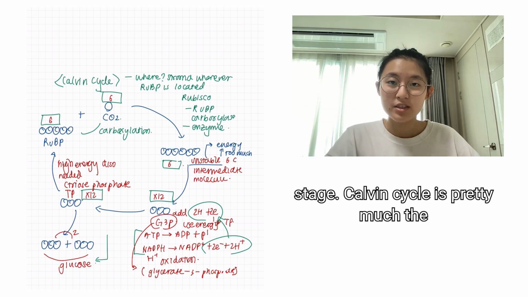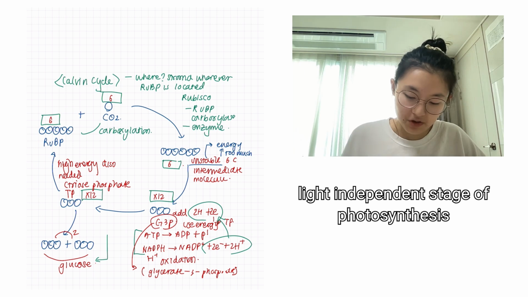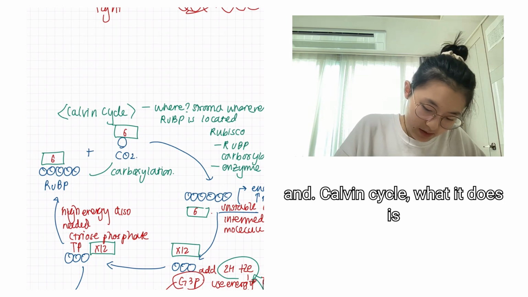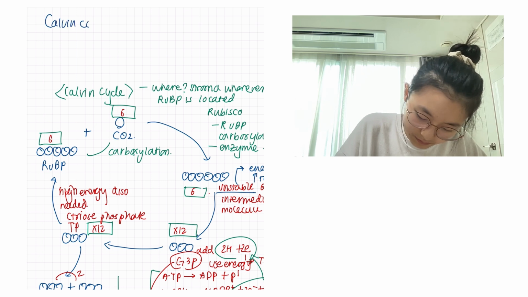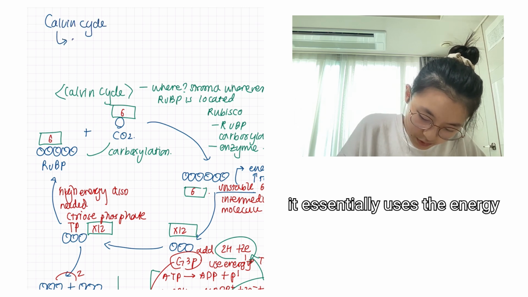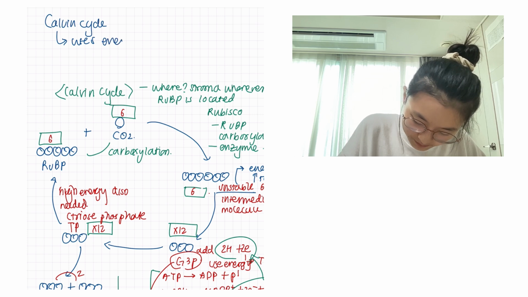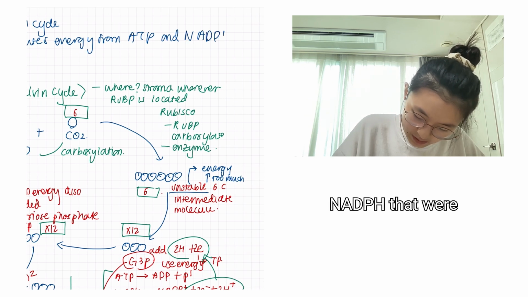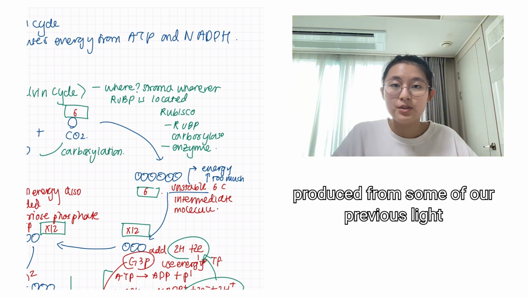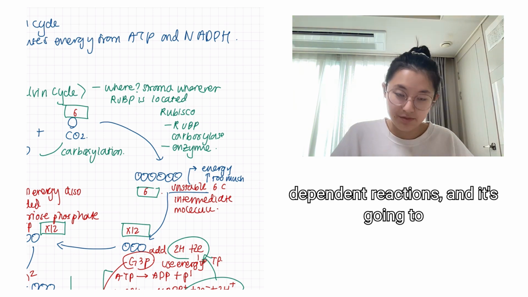The Calvin cycle is pretty much the light-independent stage of photosynthesis. What it does is it essentially uses the energy from ATP and the reduced hydrogen carrier NADPH that were produced from our previous light-dependent reactions.